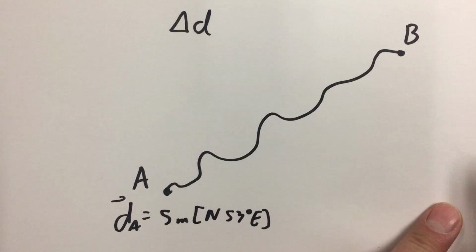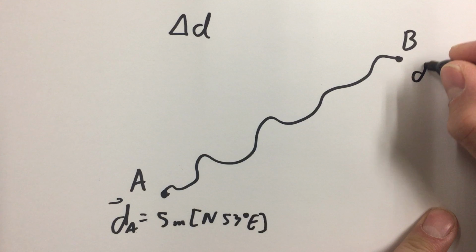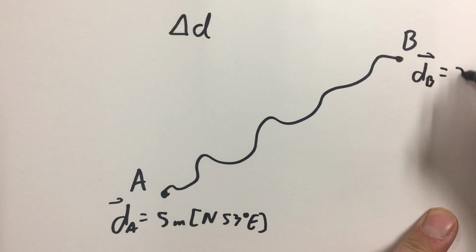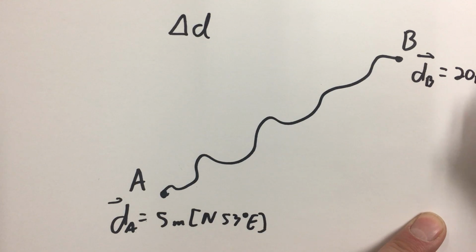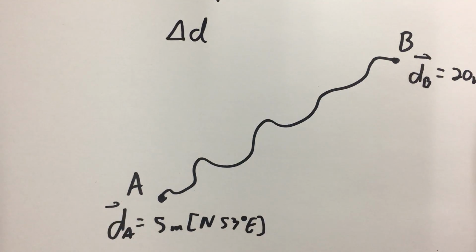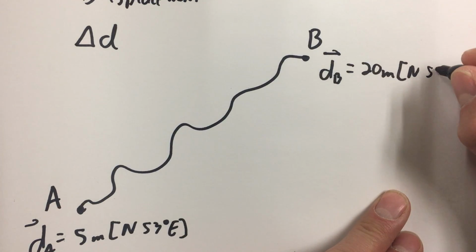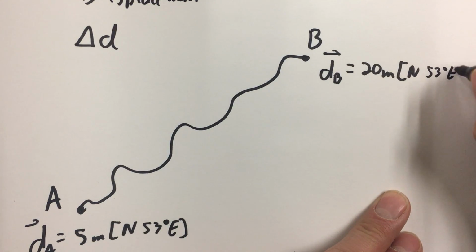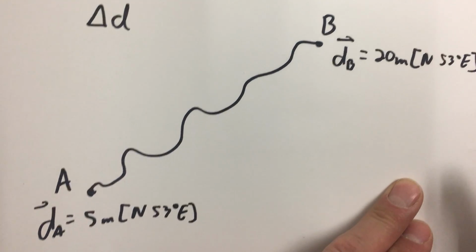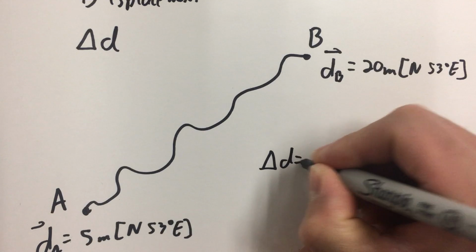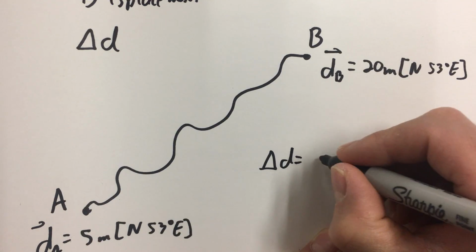And its final position was 20 meters north, 53 degrees east. The displacement is the change in position.